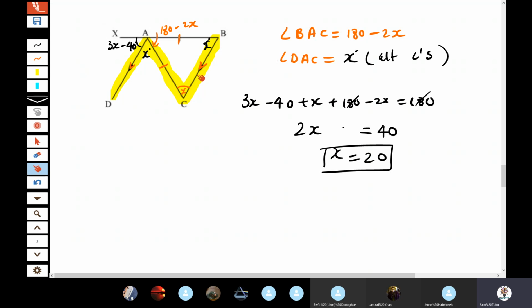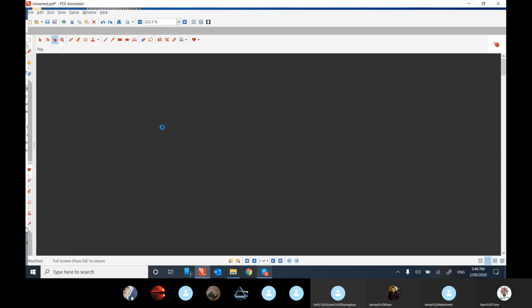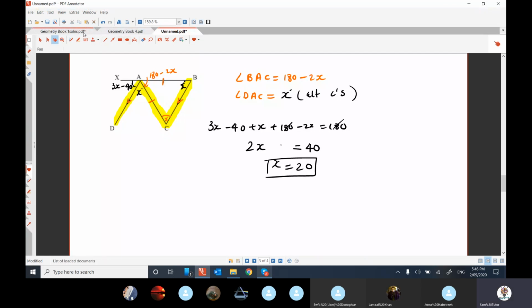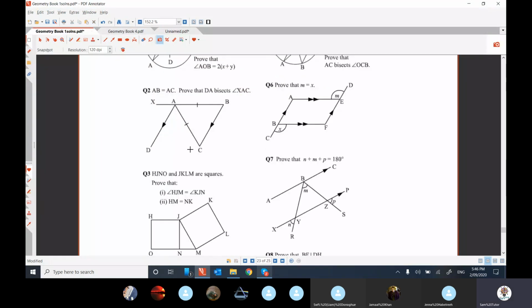Then from there, you should see your alternate angles. Then that's x, and then that's your straight line. You know these three angles must add up to 180, and then it's just a simple equation. All right. Good work, Jenna.